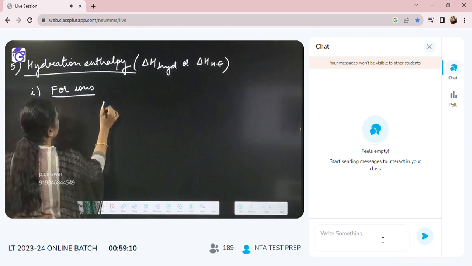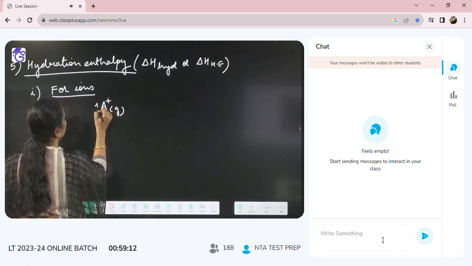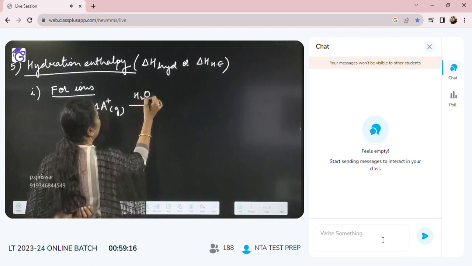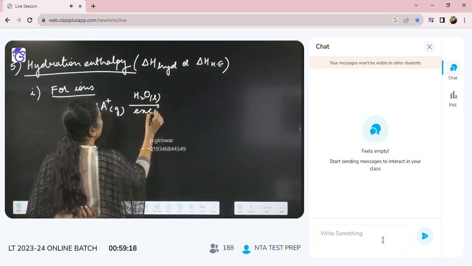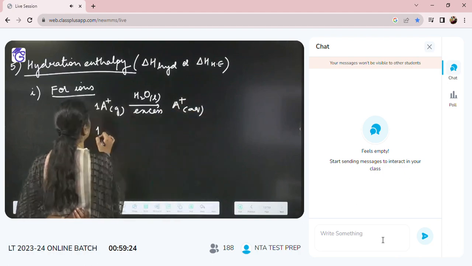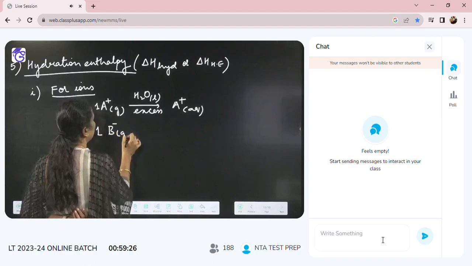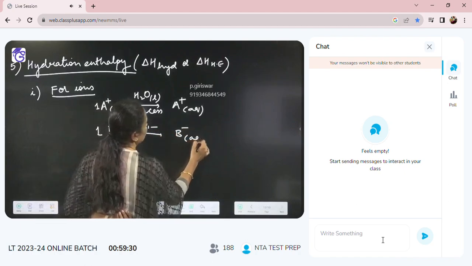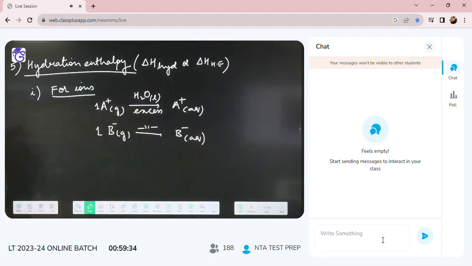For ions, suppose I am taking 1 mole of the isolated gaseous ion, and what I am doing is, hydration means water is there, H2O liquid in excess, and what we are forming is A plus aqueous. Similarly, 1 mole of B minus gaseous, H2O liquid excess, then you will be having B minus aqueous.